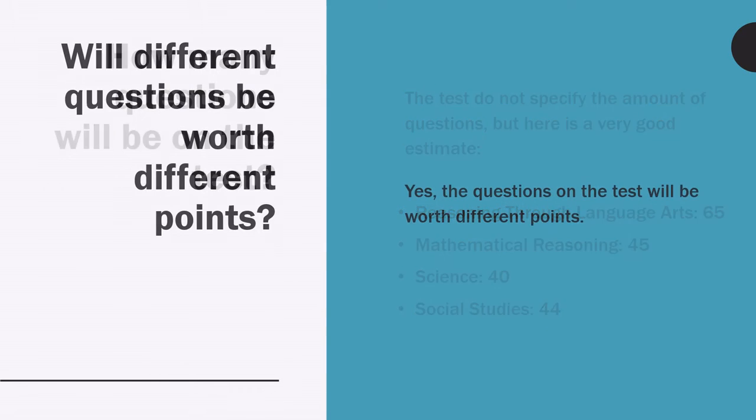Now, are the questions, or problems, worth different points? Yes, they are. Different questions and problems are worth different points throughout the GED test, depending on the difficulty of the problem, but they all average about the same.